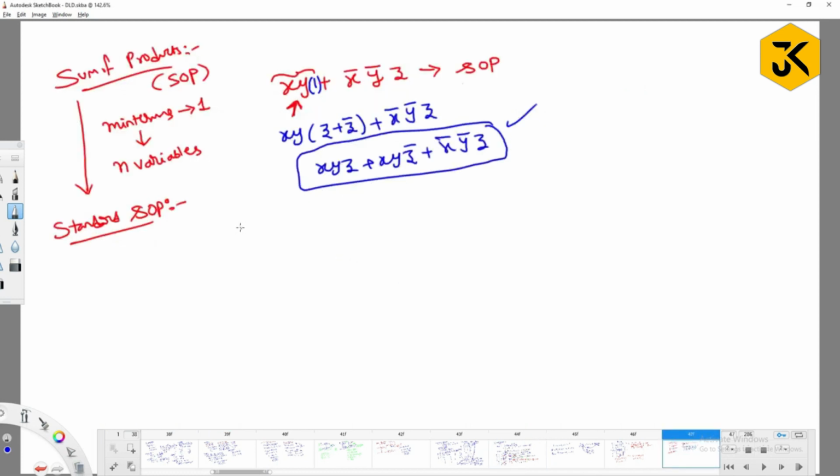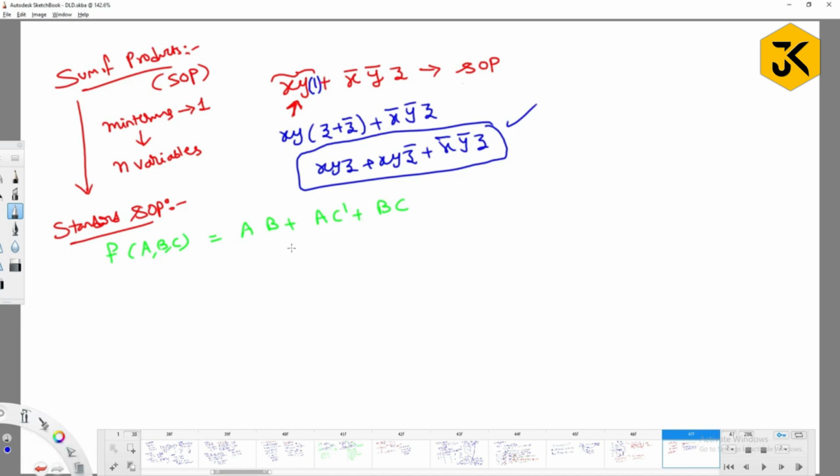Okay, fine. So for example, if somebody asks you for an expression, f of a comma b comma c, the expression is ab plus ac bar plus bc. Is it in standard sum of the products? Obviously it is a sum of the products, but is it in the standard sum of the products?